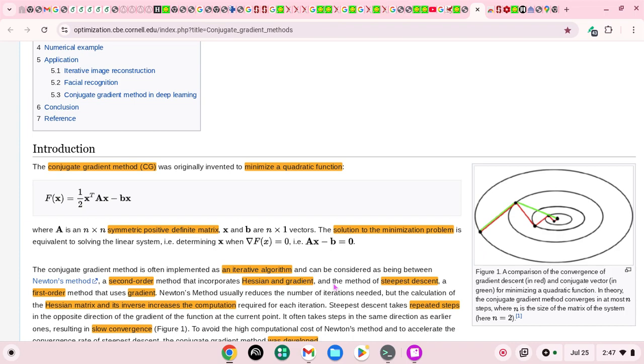We all know that there are other iterative methods like the second order Newton method and the first order steepest descent method.